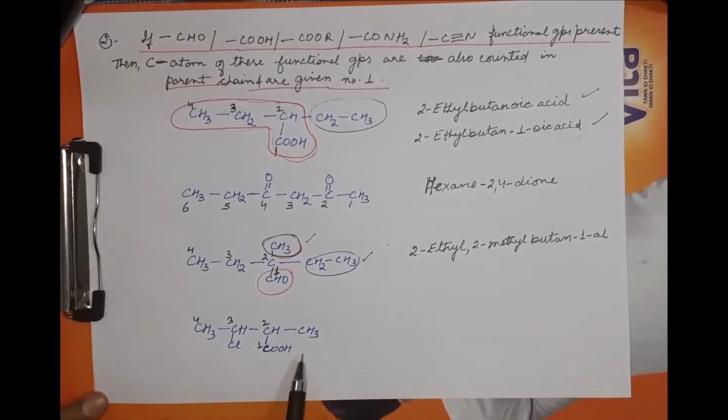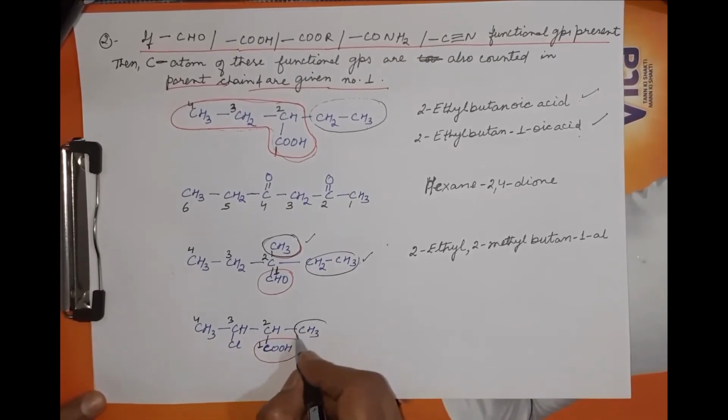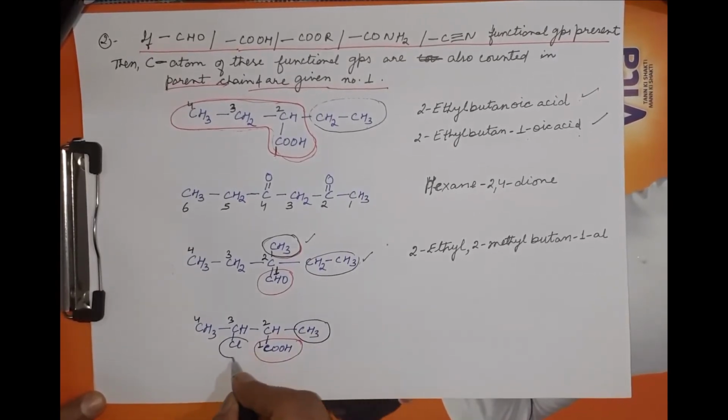So then another example we can see here in this compound. This COOH group is there as the functional group, and the longest carbon chain will be 1, 2, 3, 4. In this case, 2 substituents are there, the methyl group and the chloro group. So how will we write? Again in alphabetical order, so the chloro group will come first.